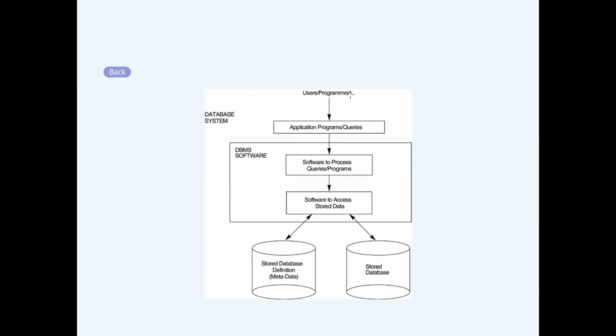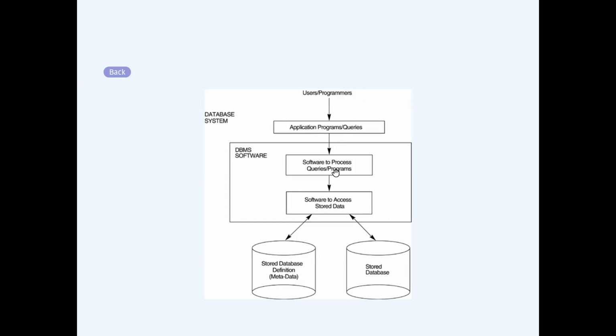So what you see here is how people actually interact with the database. I told you this should be done with a piece of special software, which we call database management system software. When we say database management system software, there are two parts. Basically, you have software to process queries and programs, and the second one is software to access stored data.